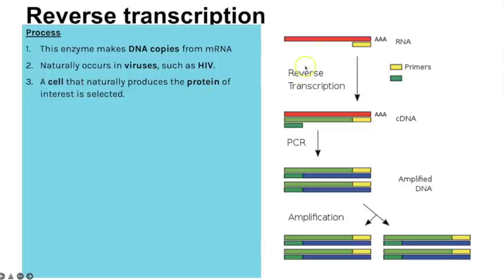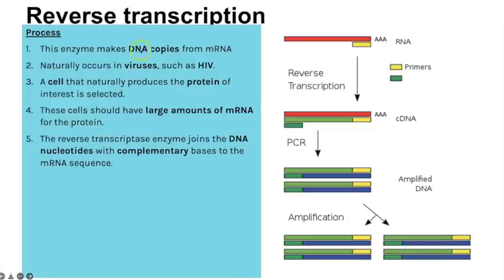What you would then do is you would find a cell that produces lots of the protein of interest. Then from that cell, you should be able to find large amounts of the mRNA that will code for that protein. You can then isolate that mRNA and add the enzyme reverse transcriptase.